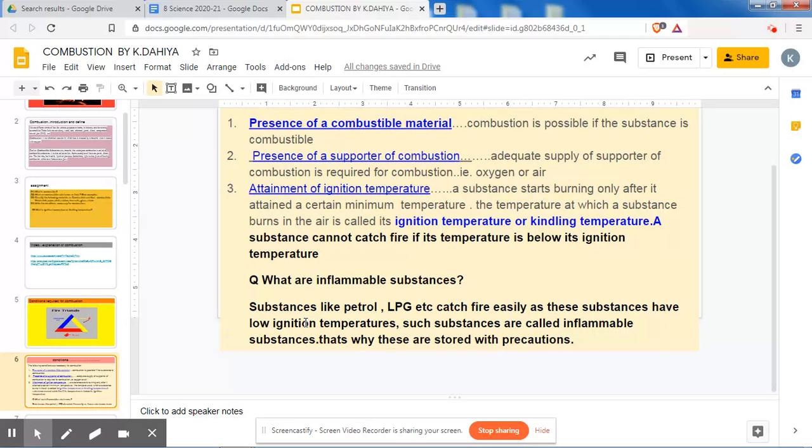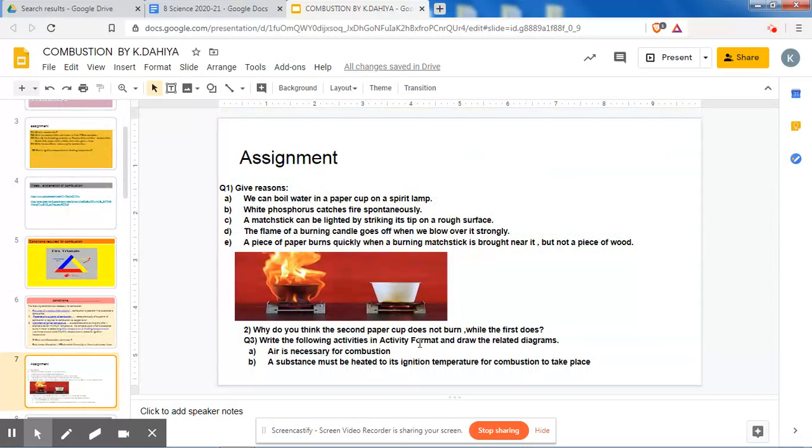Now, some substances which catch fire easily at low ignition temperatures are called inflammable substances. That is why they are stored with precautions.